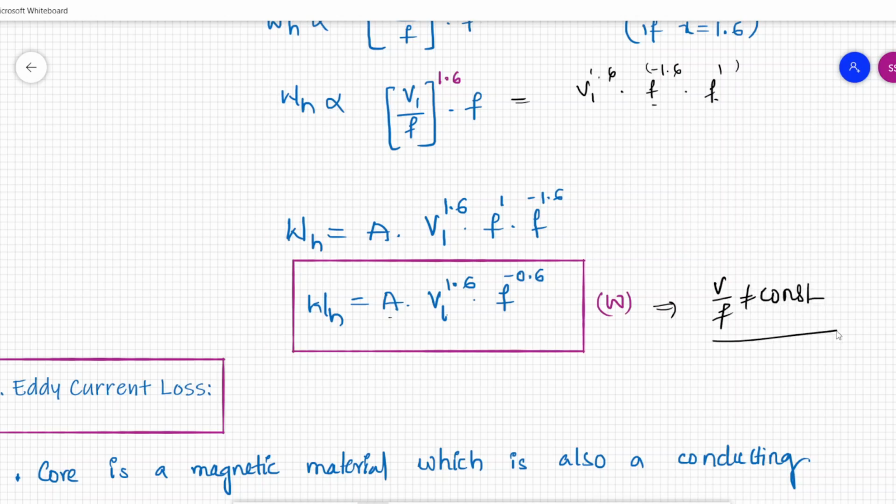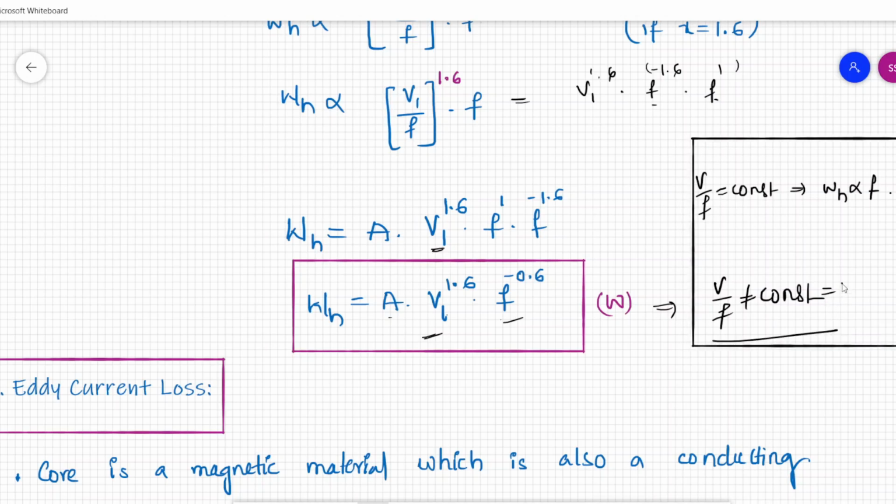So if V by F is not constant, the hysteresis loss depends on voltage as well as frequency. Initially, for V by F constant, the hysteresis loss depended only on frequency. If V by F is not constant, it depends on voltage as well as frequency.